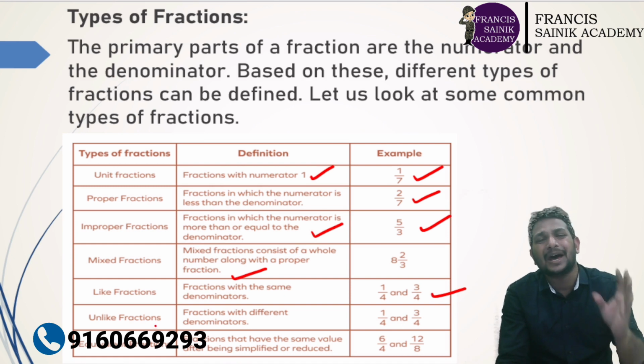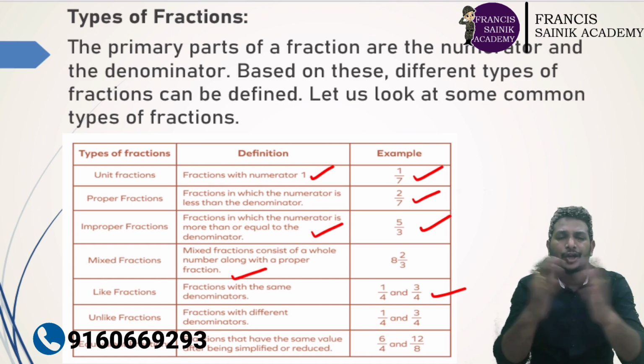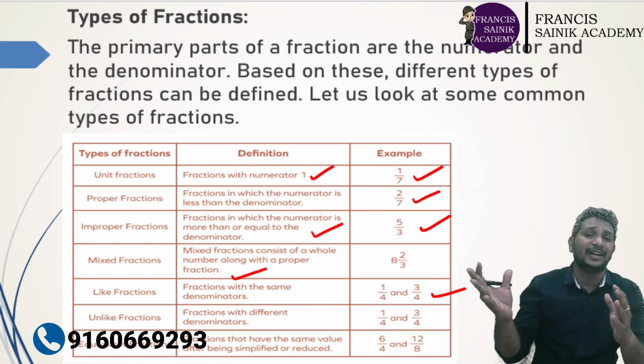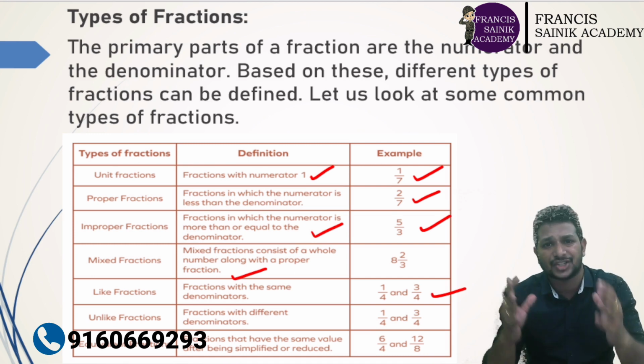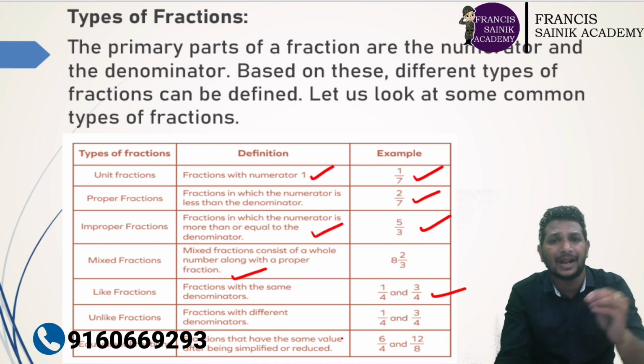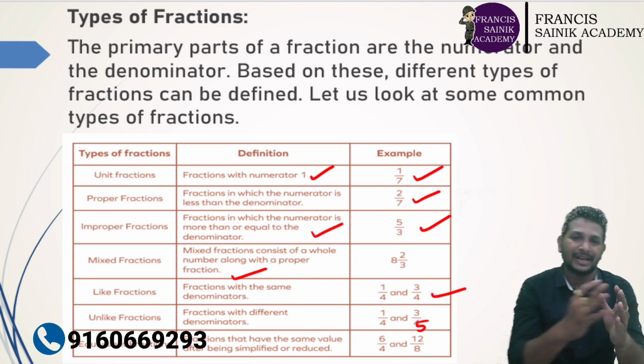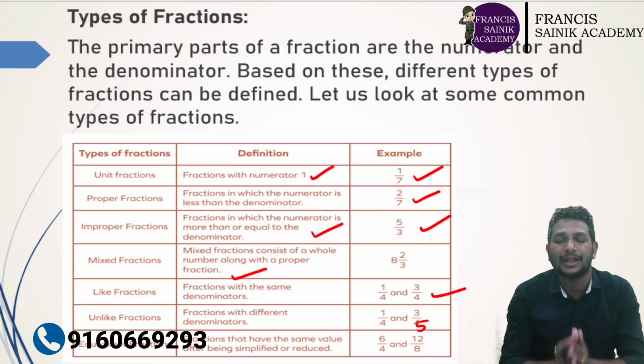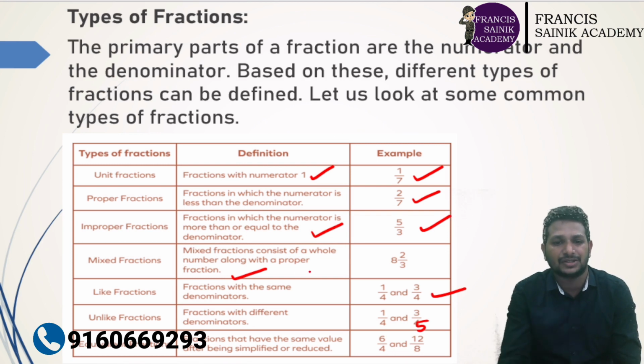When it comes to unlike fractions, it's quite the opposite. If the denominators are different, they are known as unlike fractions, like 3 by 5 and so on.